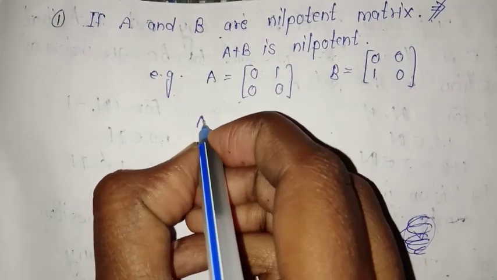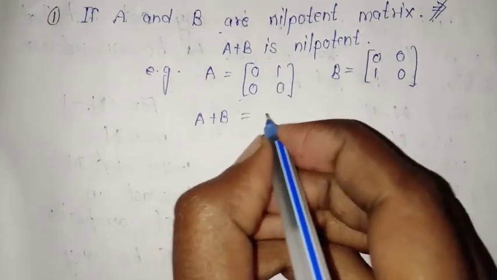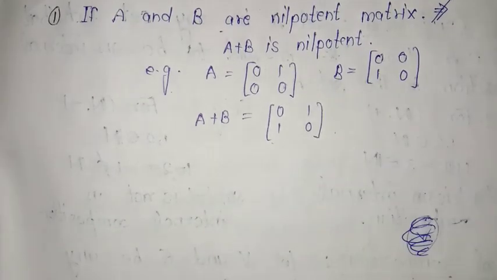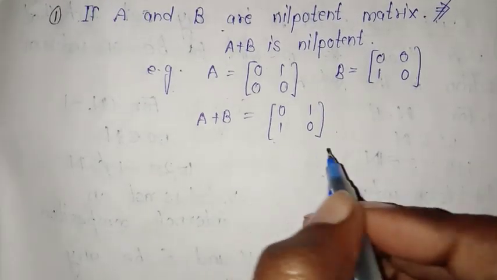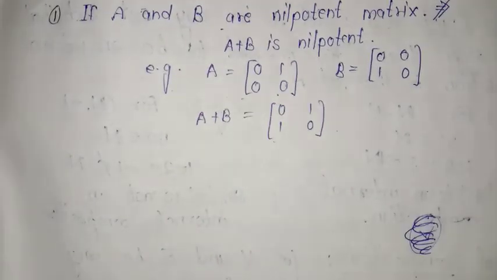Now if we add them together, this becomes 0 1 1 0. This is a backward diagonal matrix which is not a nilpotent matrix. So the sum of two nilpotent matrices need not be nilpotent. So that was our first property.